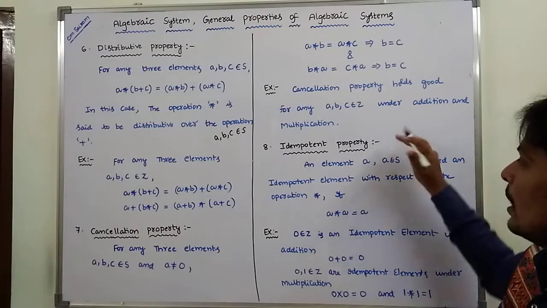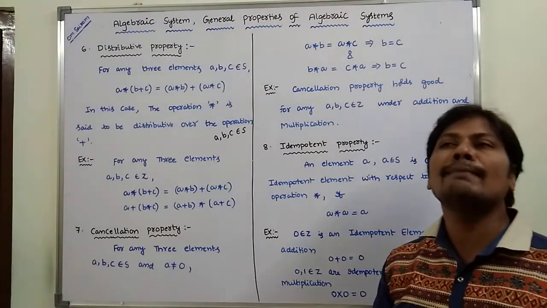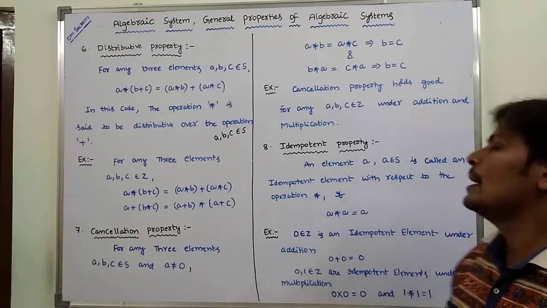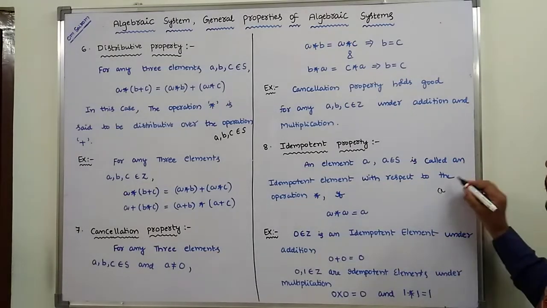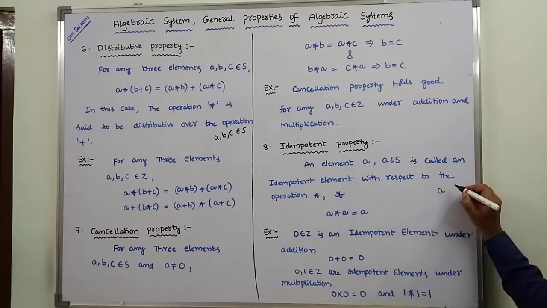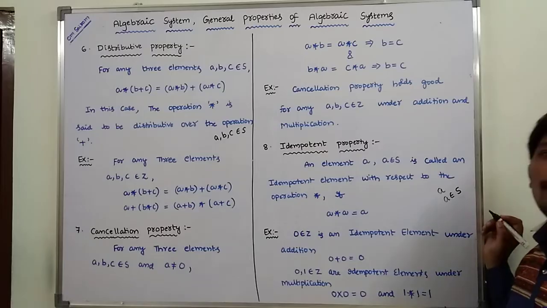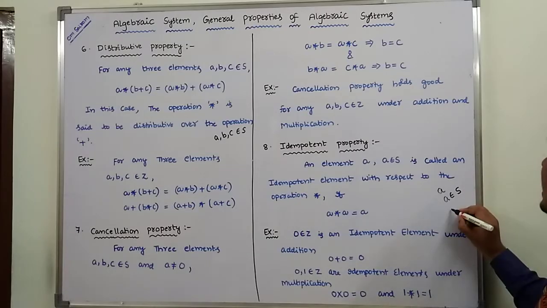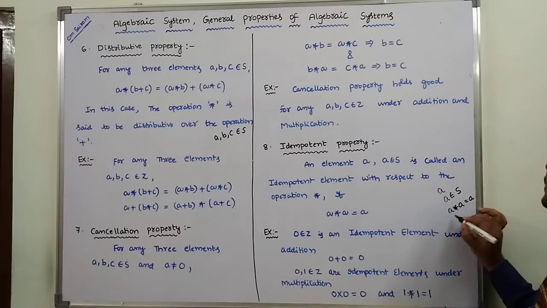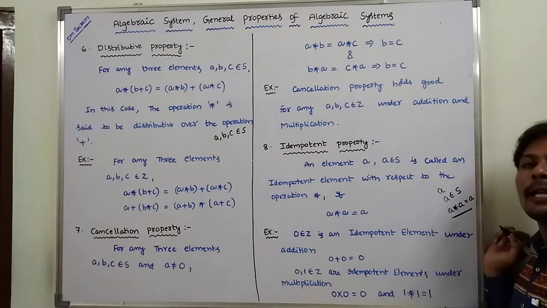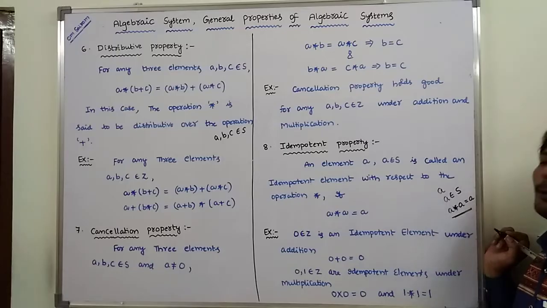Okay. Next property is idempotent property. Suppose we take an element A from the non-empty set S. Then we can write it as A belongs to S. Then A star A is equal to A. So this property is called idempotent property.